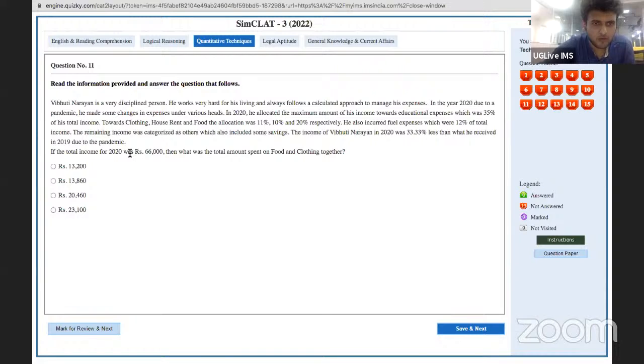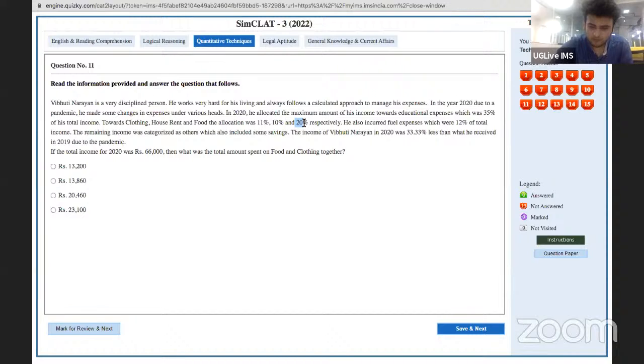Total income for 2020 was ₹66,000. What was the total amount of money spent on food and clothing together? Clothing पे 11% और food पे 20%, right? So this is 31%.